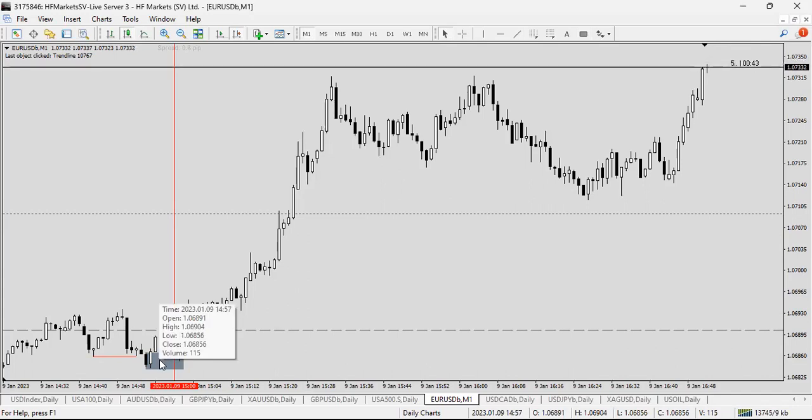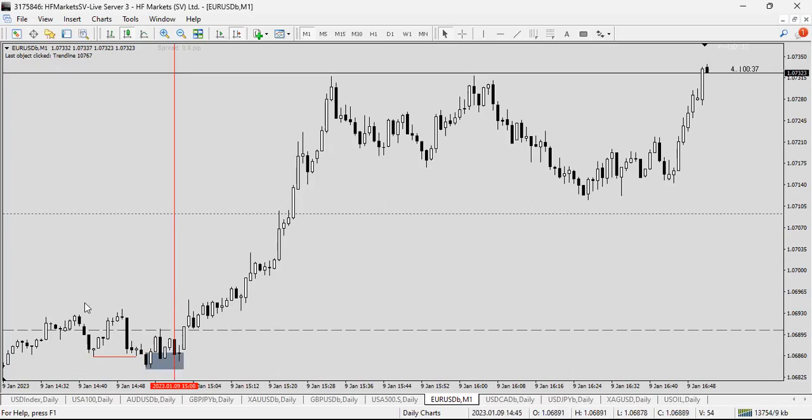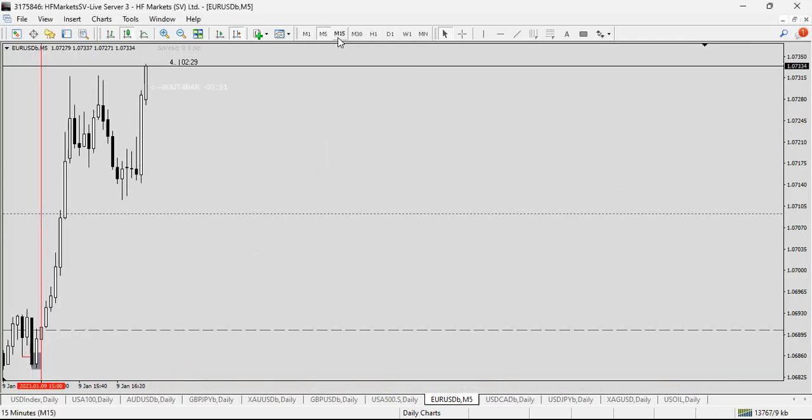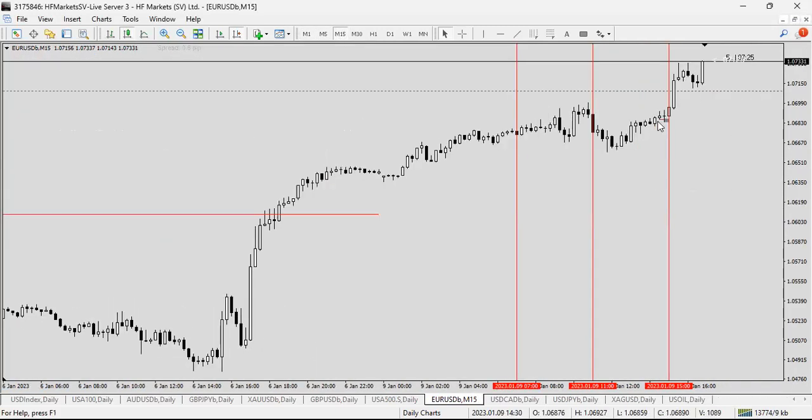I would miss this because I don't trade at this time, but I'd be watching it and then I'd go long here. And I don't want to see the highs created before I got in raided and push it a step further. M1 entries with higher time frame objectives. Enter here, exit here. That's a lot of pips.